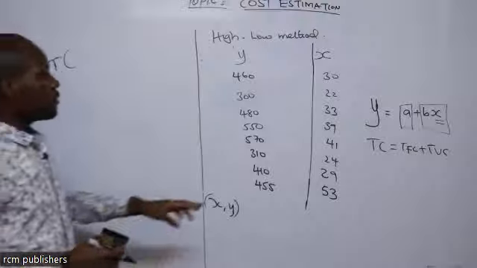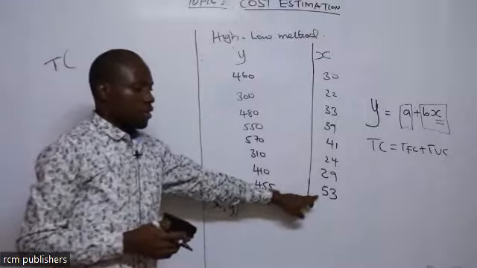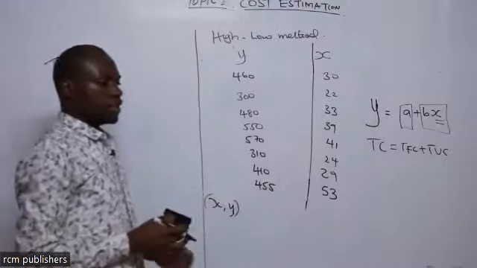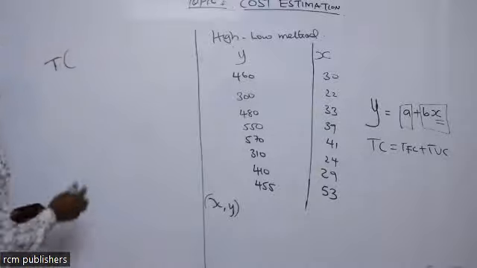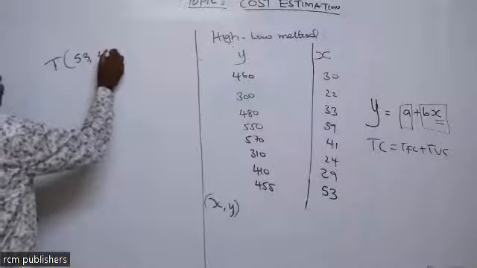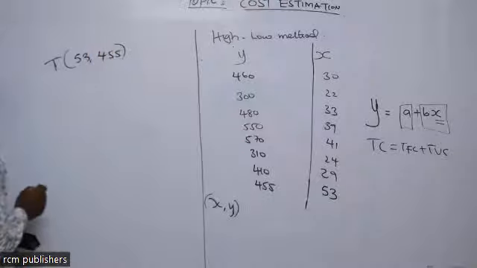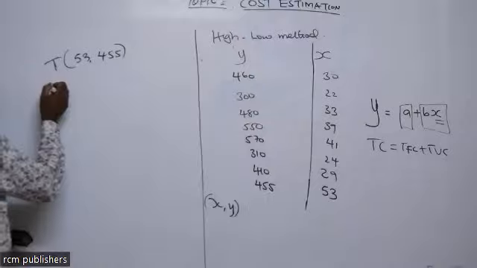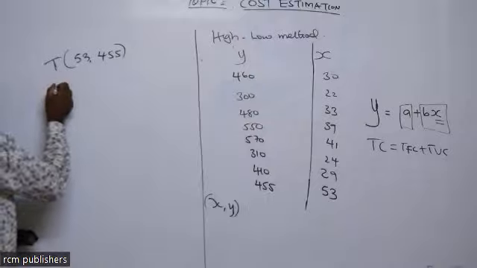So we are having 53, 455 as the combination of the highest value.